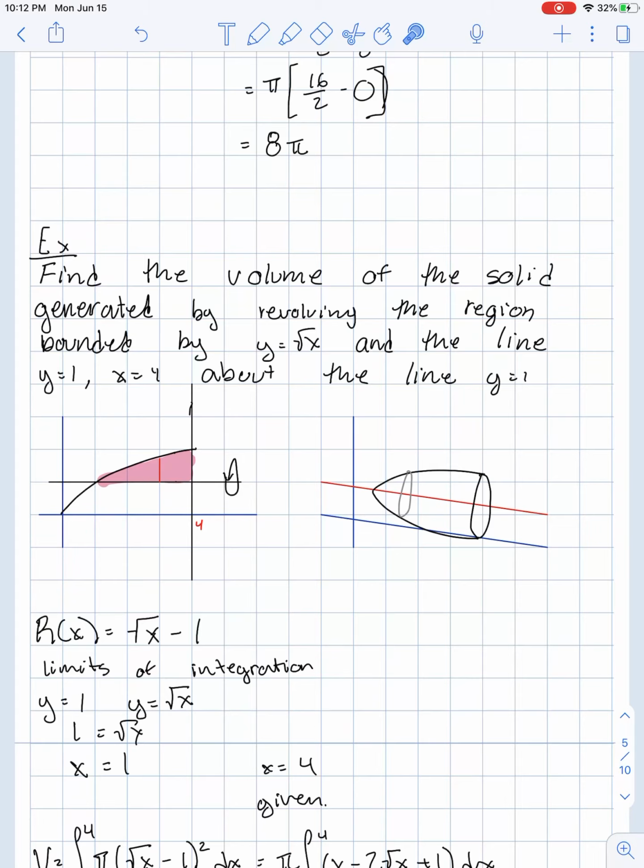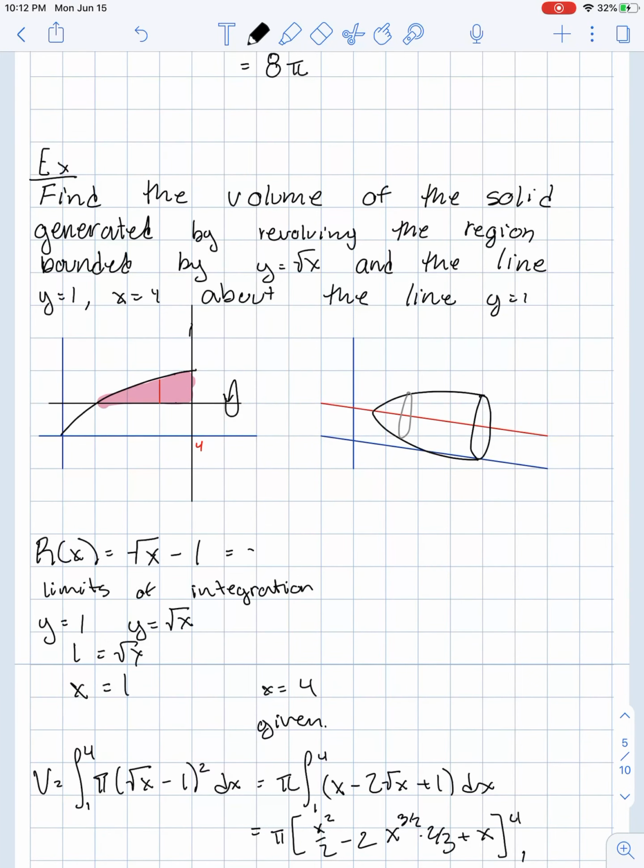With a disk, if I'm revolving around something that's not the x-axis, I'm going to have to make it look like curve minus line rotating about. I know I'm switching between a lot of things right now. I just really don't want you guys to get confused.